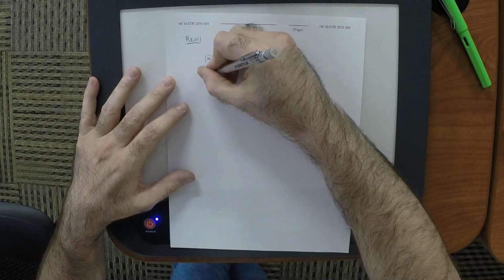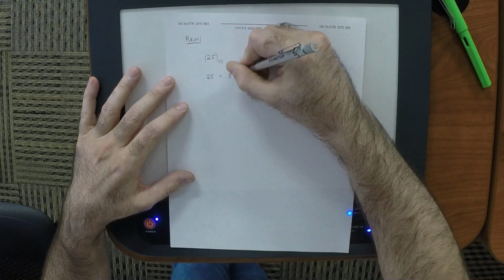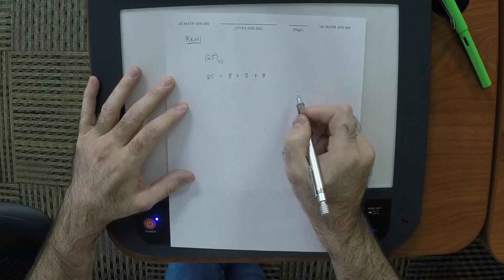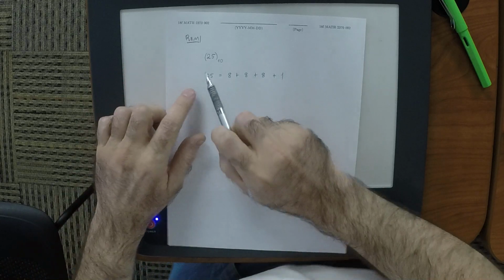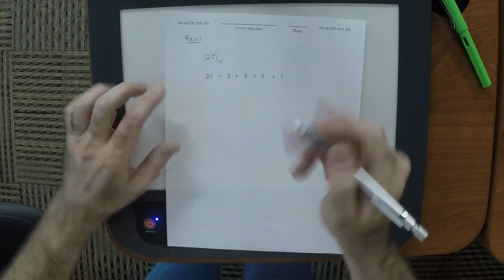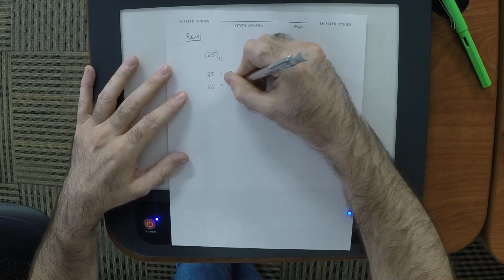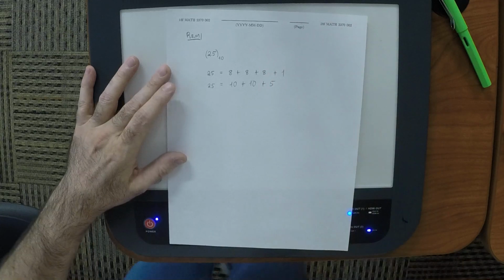So as it happens, in base 10, 25 is 8 plus 8 plus 8. That'd be 24, and then plus 1 more, right? And another way to write 25 is 10 plus 10 plus 5.